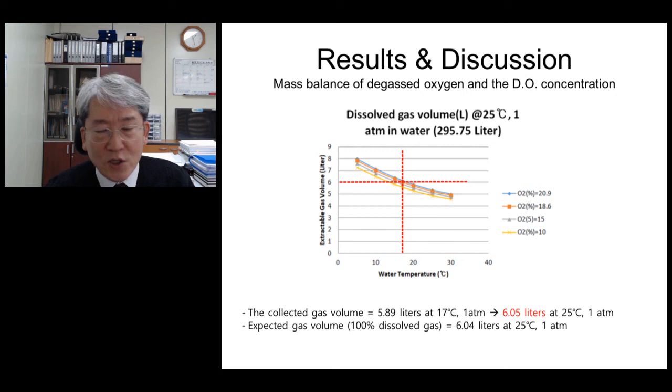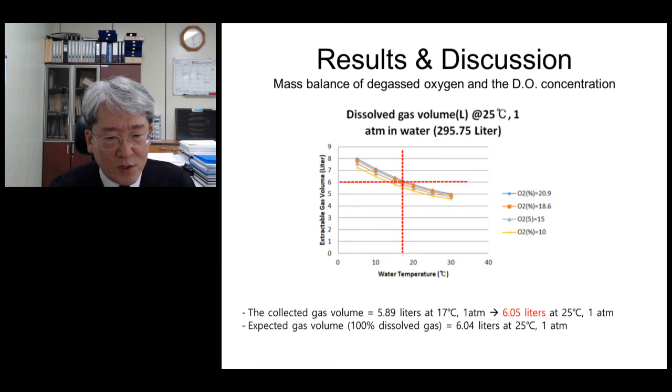In order to interpret the experimental results, a simple numerical simulation is conducted with parameters of initial DO concentrations and water temperature. In the present study, the measured DO level is 18.6%.